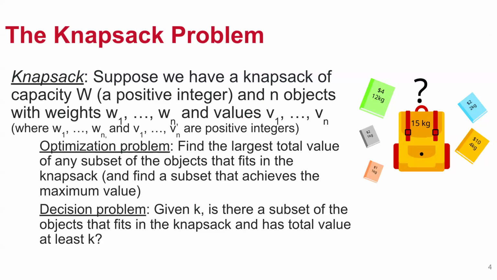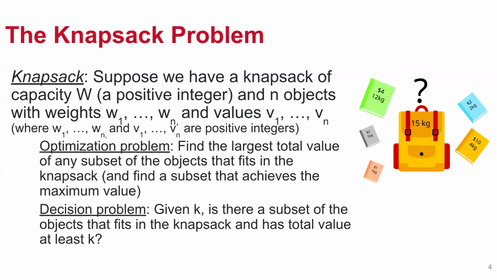Suppose you have a knapsack of capacity W, a bag of weight W, and you have n objects with weights from W1 to Wn and corresponding values V1 to Vn. Your goal is to find the largest total value of items.